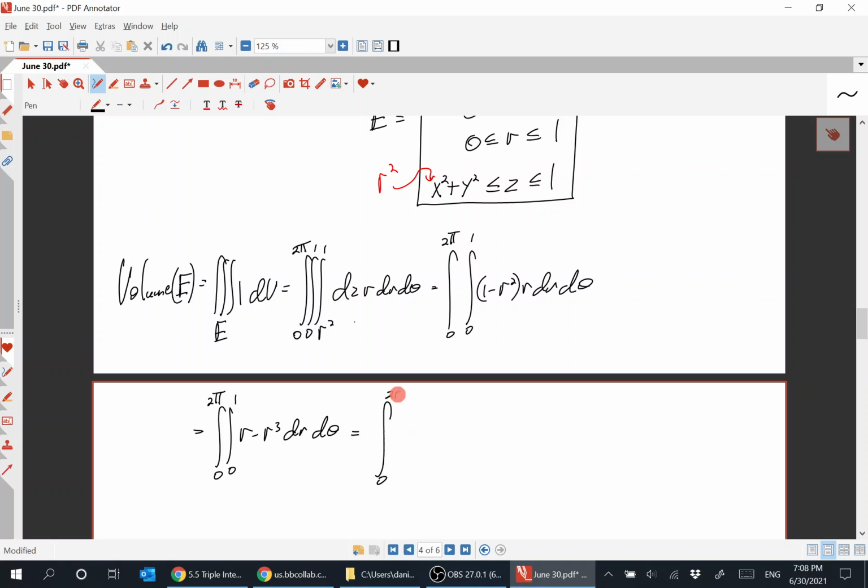The antiderivative with regard to r is 1/2 r squared minus 1/4 r to the fourth from 0 to 1. So that's 1/2 minus 1/4, and then minus 0, so that's just 1/4. That's just a constant, so it's 2 pi times 1/4, so pi over 2. All right, real easy, that one.